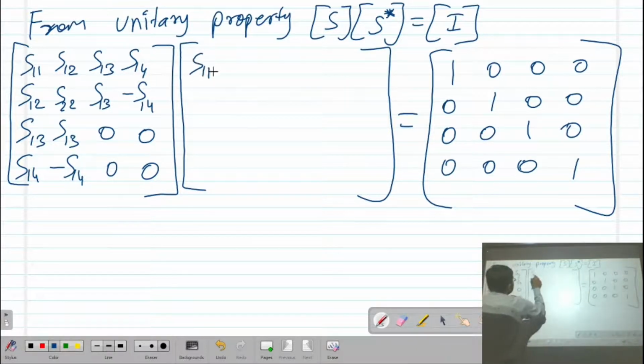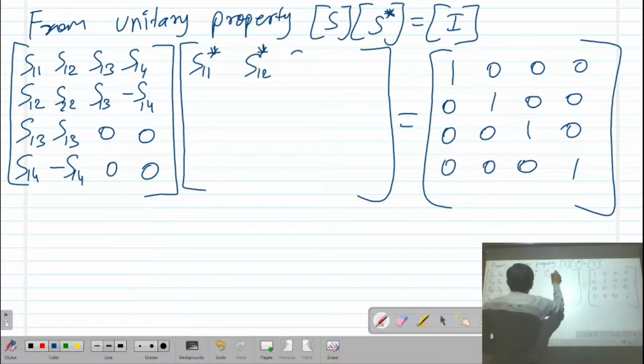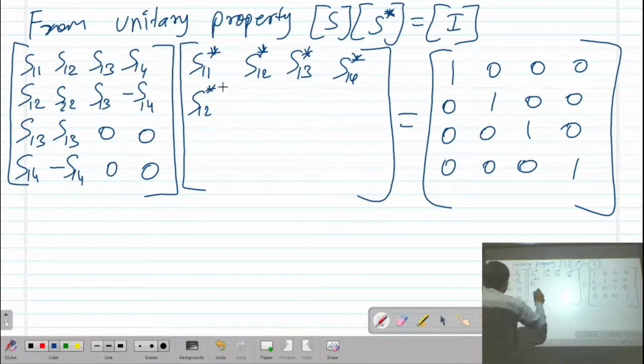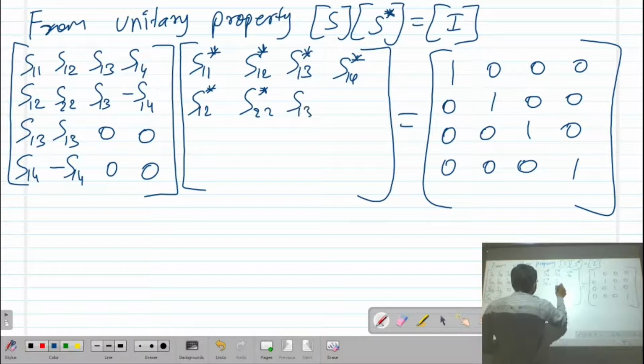This is S11 star, S12 star, S13 star, S14 star, S12 star, S22 star, S13 star, minus of S14 star.